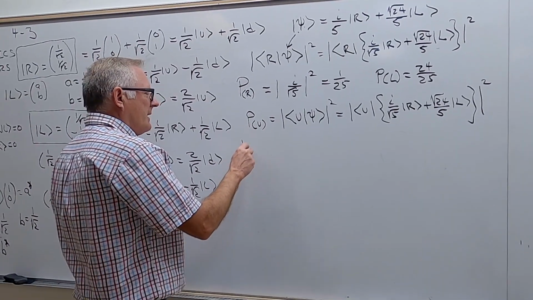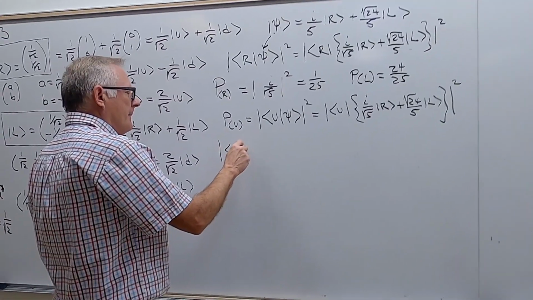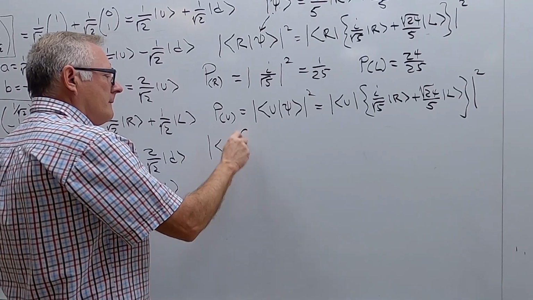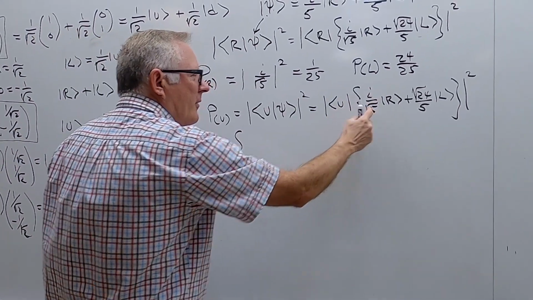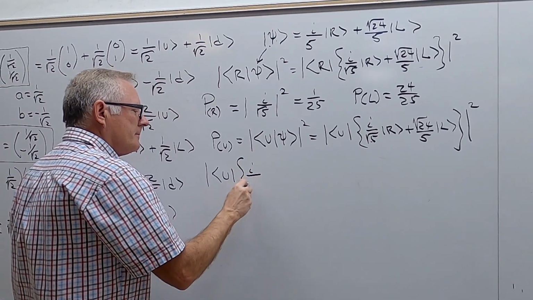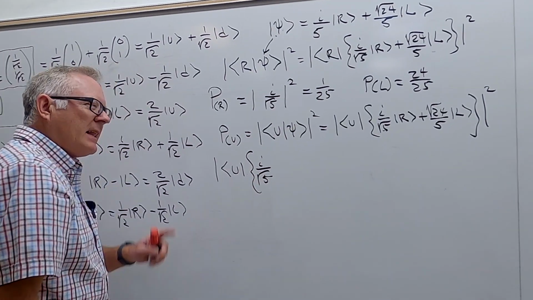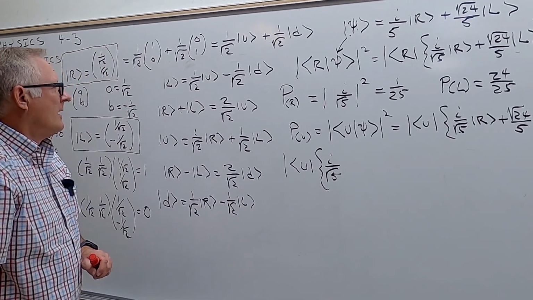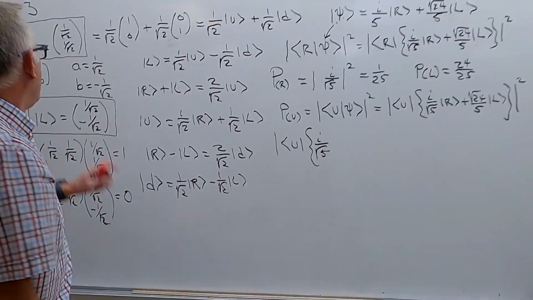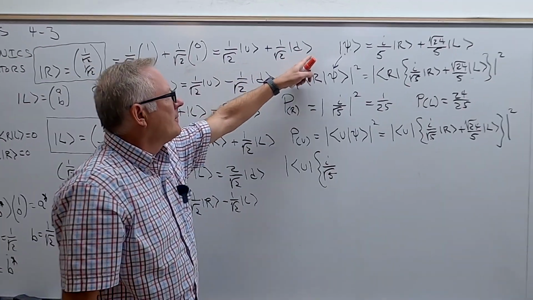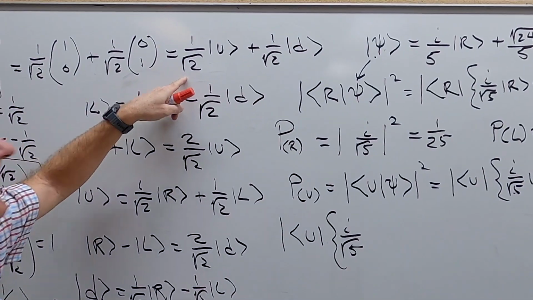So this would become up, and then right here we get i over the square root of 5, except in place of right, I'm going to put my right was this. Remember, that was my right. So I'm going to put that in place of it.